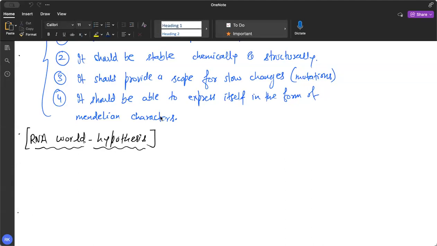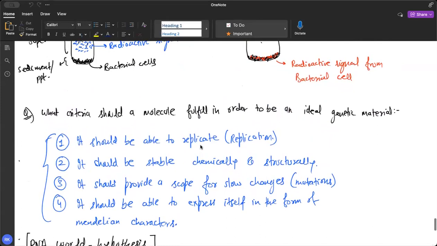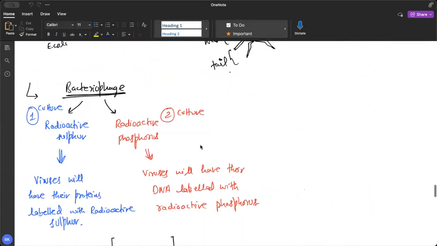Enzymes were not there in the beginning because enzymes were proteins, and proteins come at the very last stage of the central dogma. So you need a single molecule that could do both, store information and catalyze reactions. And that was RNA and not DNA. DNA does not have the capability to catalyze reactions. It is a very good storing molecule. Okay, so remember these things.